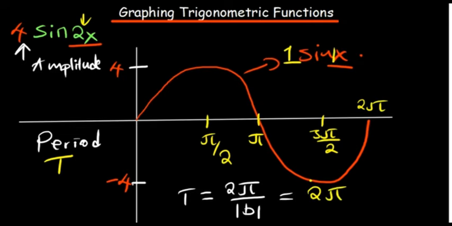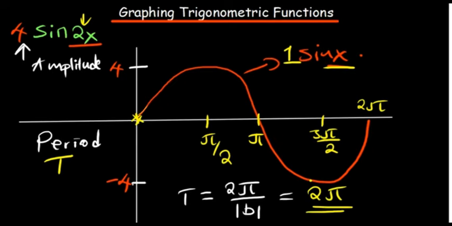So therefore our period is just 2 pi, and of course we do understand what the period is. This is how long it's going to take to complete a revolution. If we are starting at this point, how long in terms of the x-axis do we need to complete a full cycle?